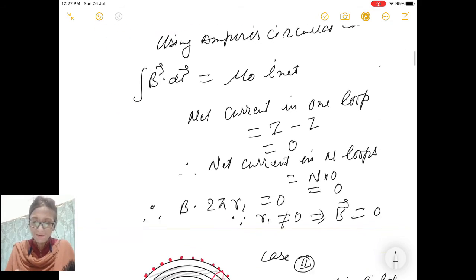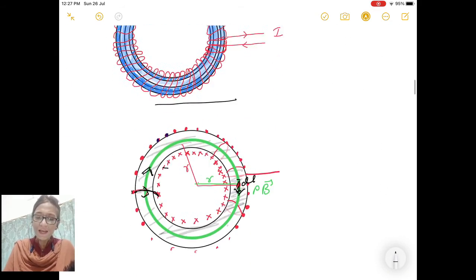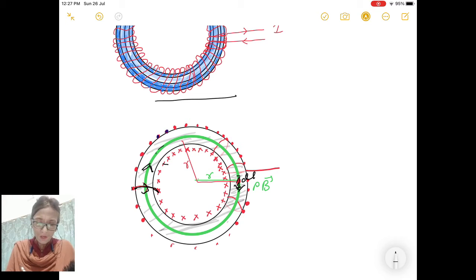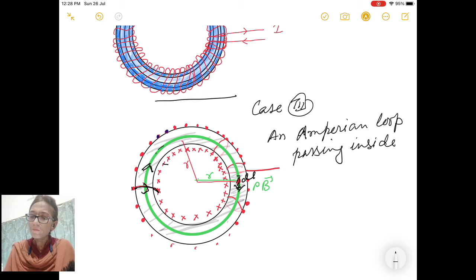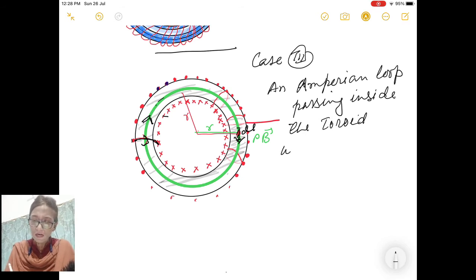Now let us take an Amperian loop going totally inside the toroid. So case 3. An Amperian loop passing inside the toroid with radius r.